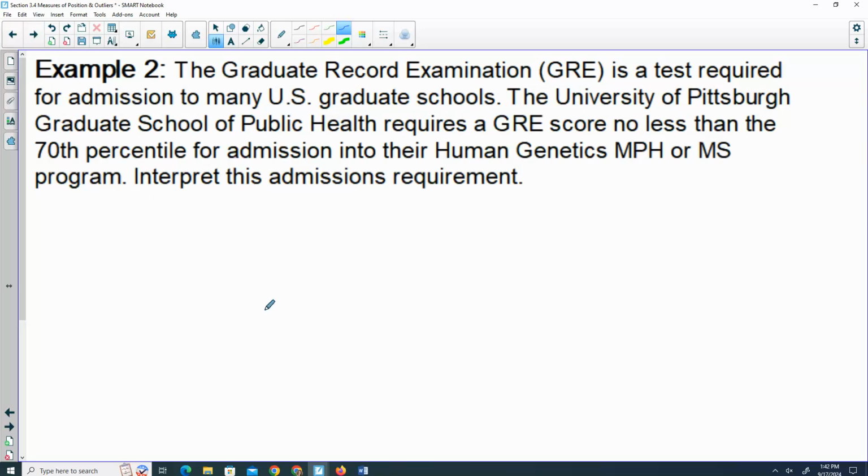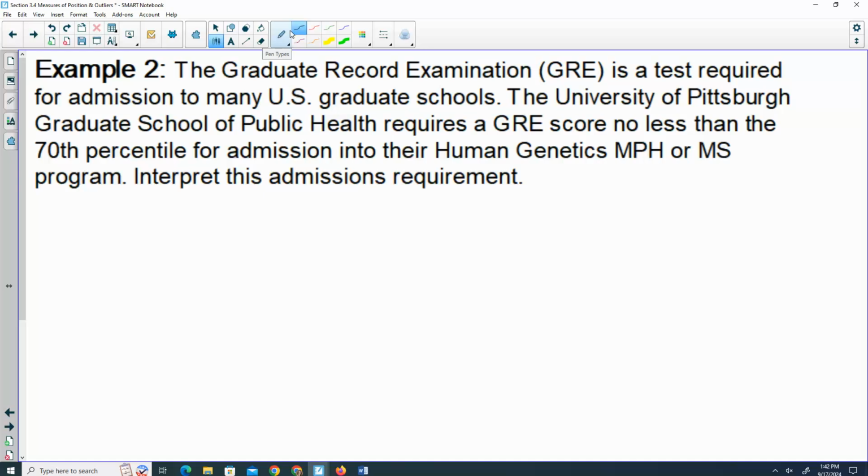I just want to read a scenario and make sure we can write a sentence to explain it. The Graduate Record Examination, GRE, is a test required for admission to many U.S. grad schools. The University of Pittsburgh Graduate School of Public Health requires a GRE score no less than the 70th percentile for admission into their human genetics program. Interpret this.